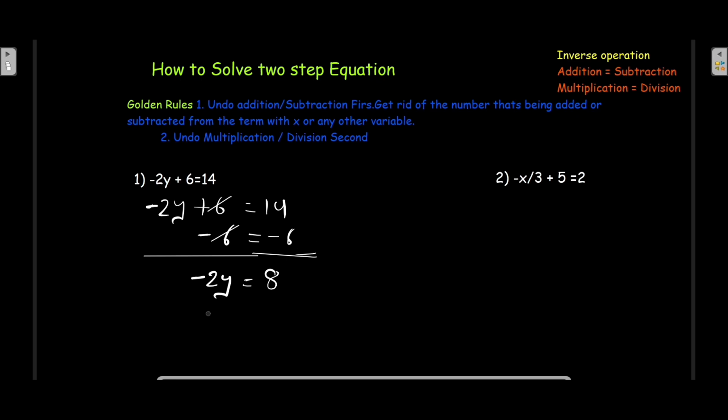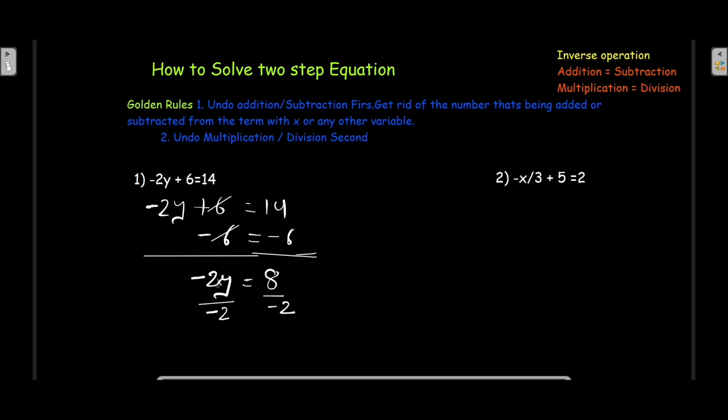So here we can easily see that minus 2 times y is equal to 8. So we have to undo this minus 2. So I'm going to divide this equation by minus 2 here and here also, because whatever we do to one side, we have to do the same to the other side.